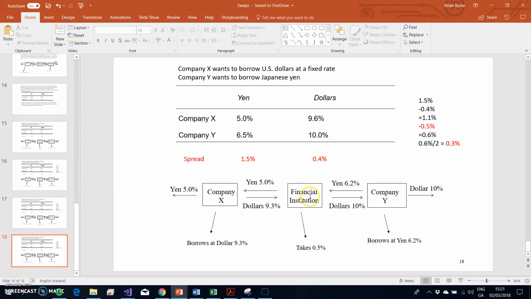Of course, then they have to go off and manage the currency risk that's embedded in these rates that are paid. There's a yen rate and there is a dollar rate, and this swap position could go on a number of years.